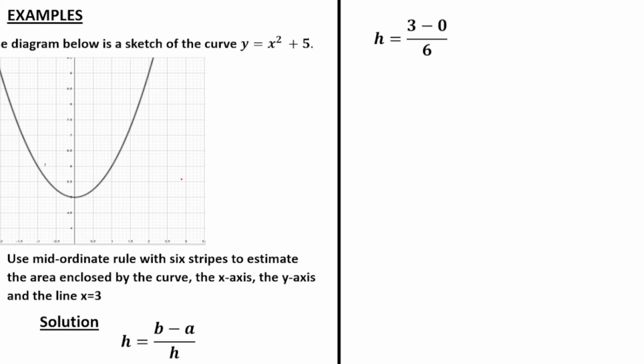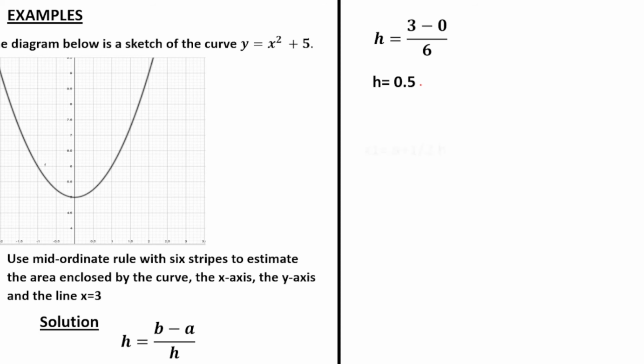Therefore h will be equal to 3 minus 0 divided by the number of strips, that is 6 strips. So 3 minus 0 divided by 6 is 3 over 6, which is equal to a half, or 0.5. So the value of h is 0.5. Then after obtaining the value of h, the next one that we need to get is the first x.